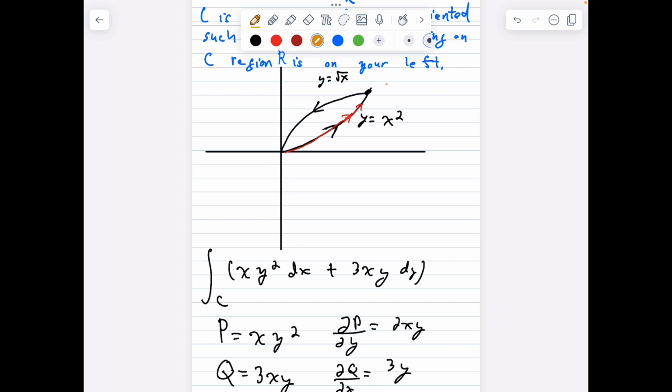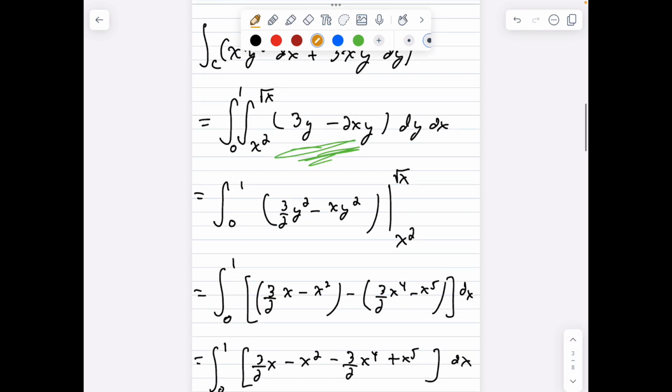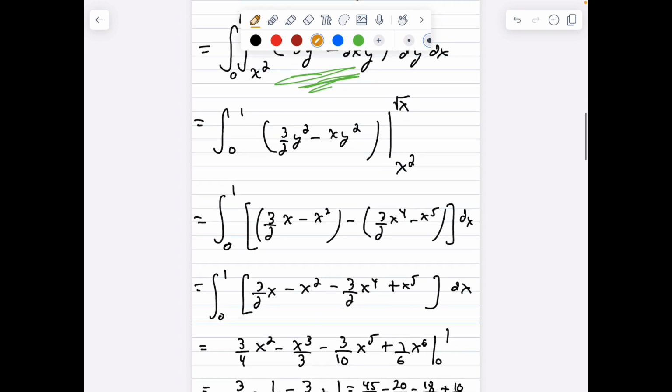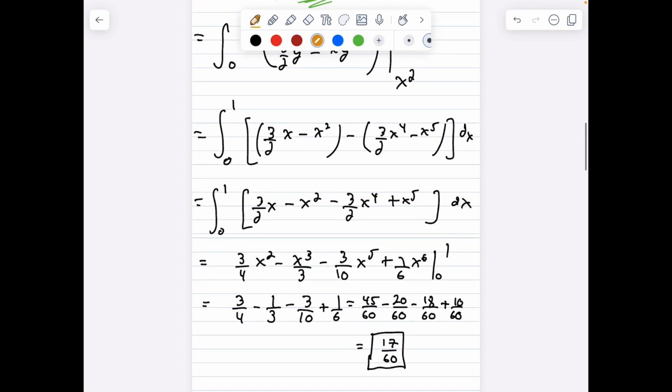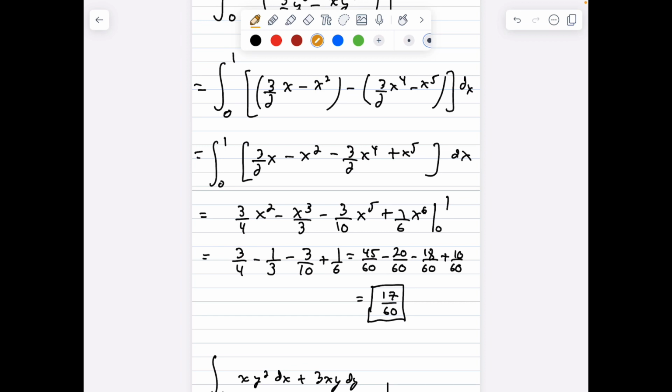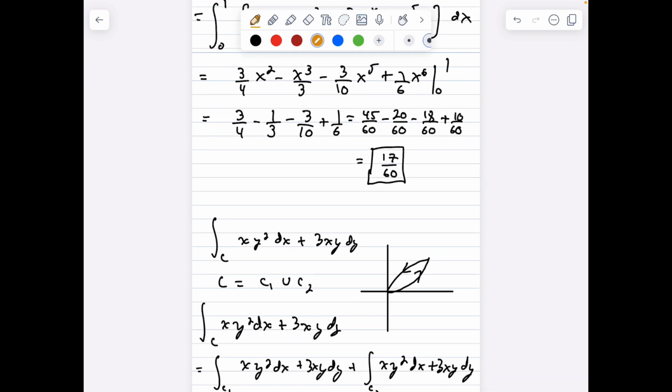This region is bounded between square root of x and x squared, and your x's go from 0 to 1. That's why that setup is true. We integrate, and I'll leave you to that, but these are the details here. That comes out to be 17 over 60, and that's our result.